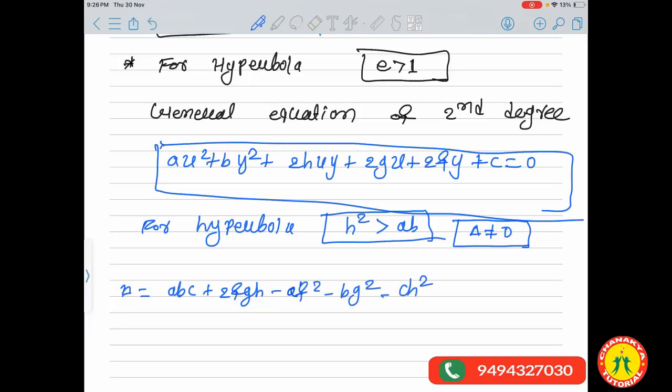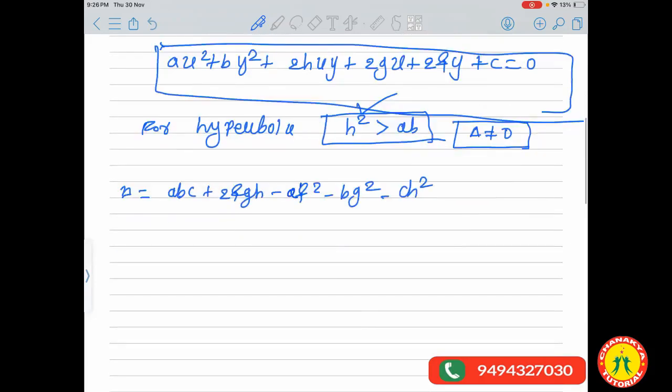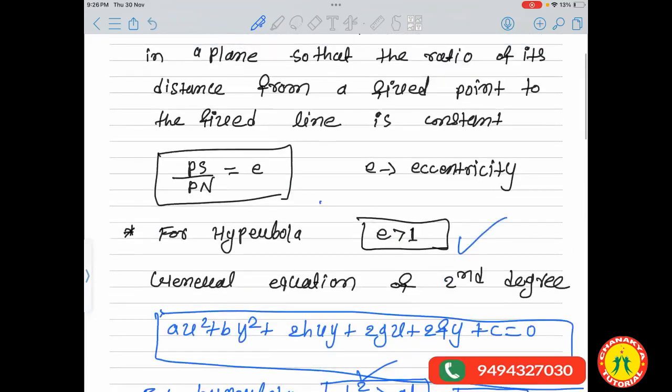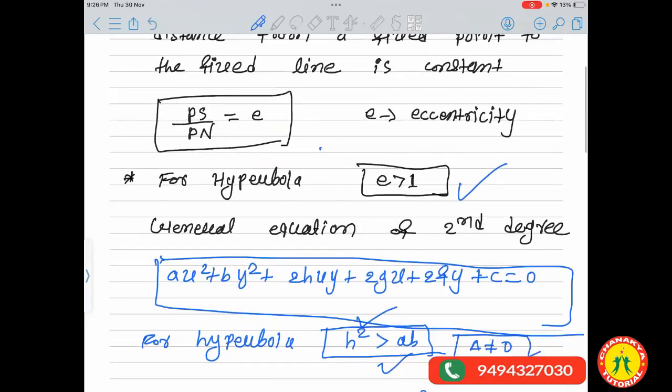This is the delta. So delta not equal to 0 for the hyperbola and h² greater than ab. We need to remember these two conditions, and also e is greater than or equal to 1 for hyperbola.